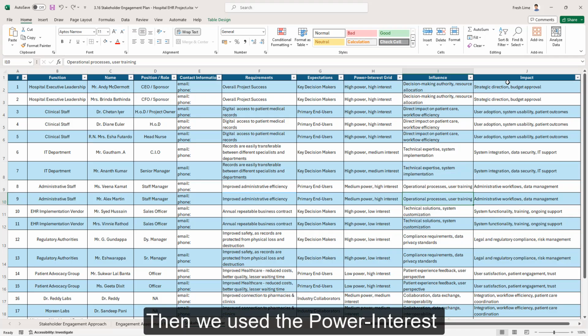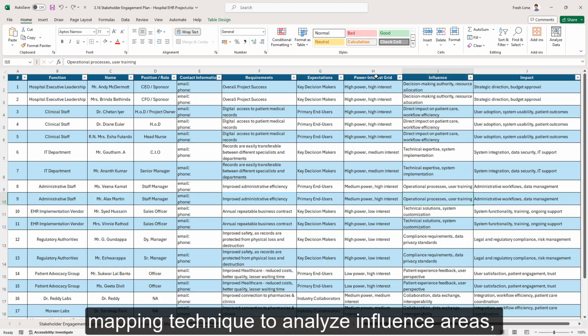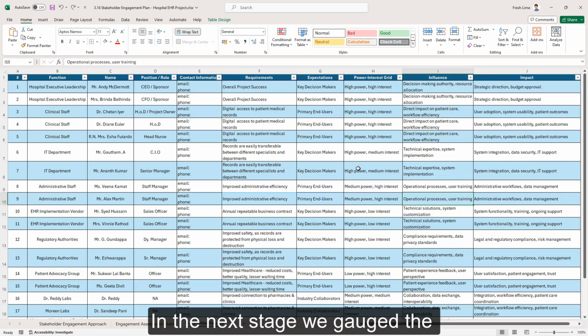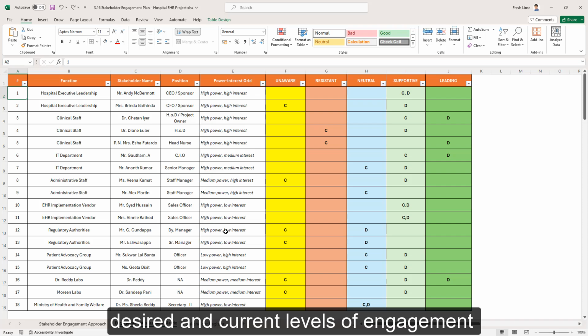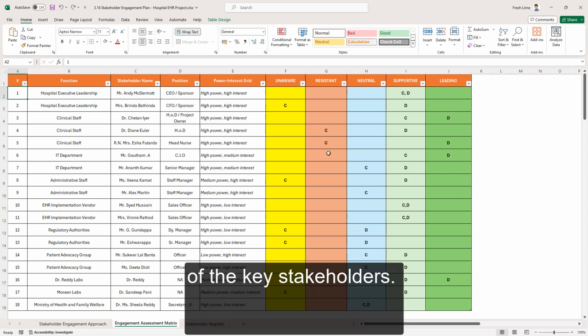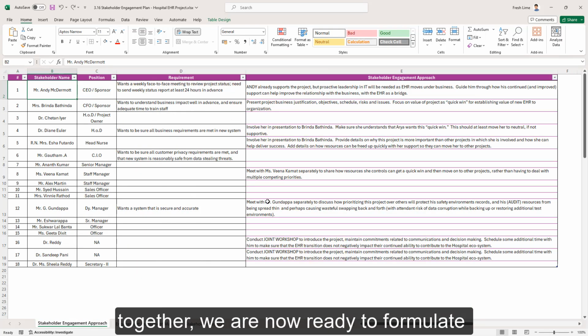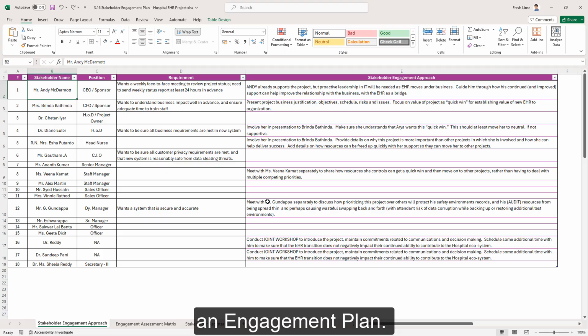Then we used the power interest grid mapping technique to analyze influence areas, impact areas, etc. In the next stage, we gauged the desired and current levels of engagement of the key stakeholders into these 5 levels of engagement: unaware, resistant, neutral, supportive, leading in the previous lessons. And with all this information brought together, we are now ready to formulate an engagement plan.